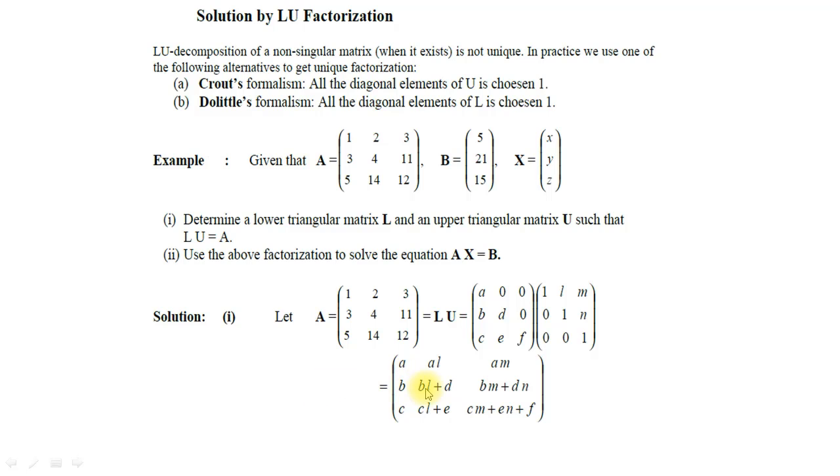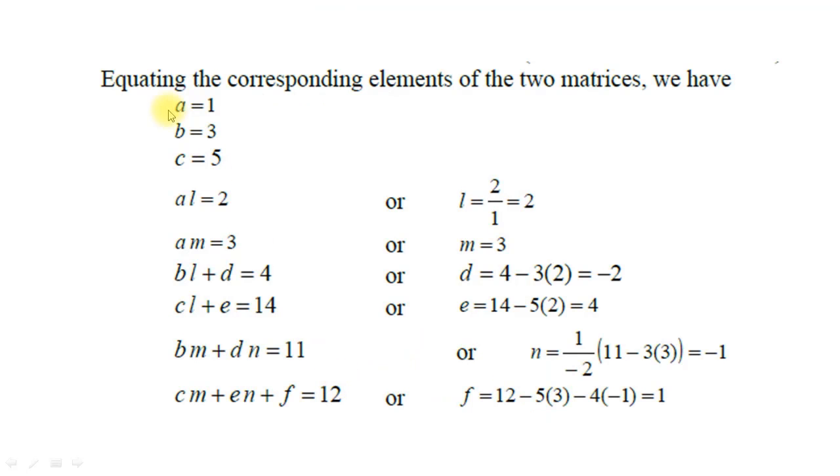So by comparison, we obtain a = 1, b = 3, c = 5, and al = 2. Putting the value of a = 1, l = 2 by a, which is 2 by 1, equal to 2.